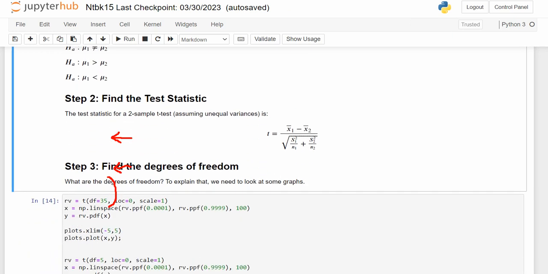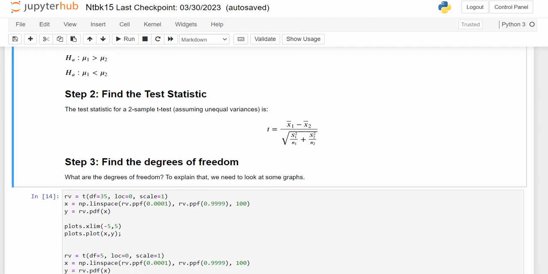Are you going to have to know the t-test formula? No, but this is how it's calculated, assuming unequal variances, which is why we use equal underscore var equals false. Why? Because we're assuming unequal variances. Don't worry about that; that's a little bit of stats theory.